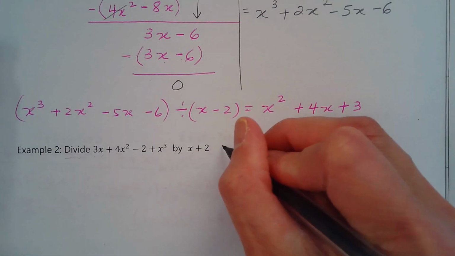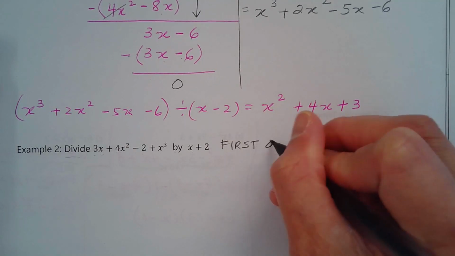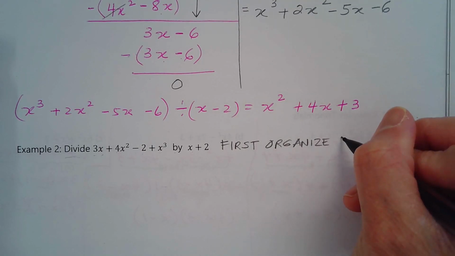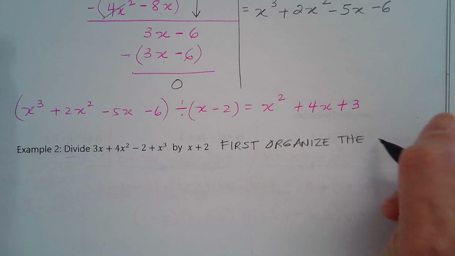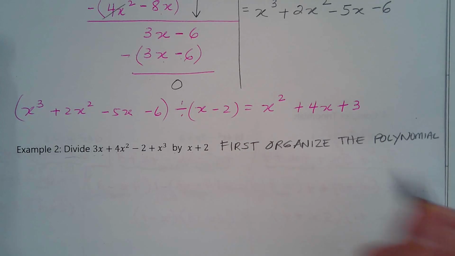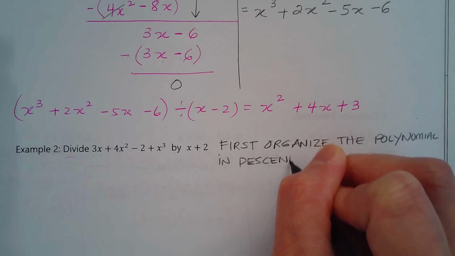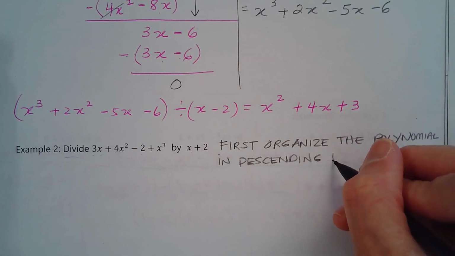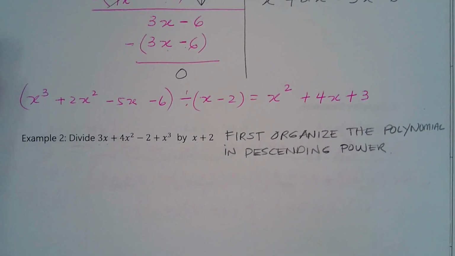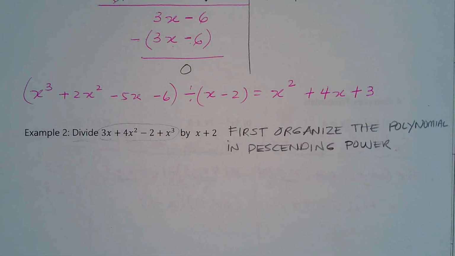So first, organize the polynomial in descending power or exponents. Okay? So how do we put that in descending power?